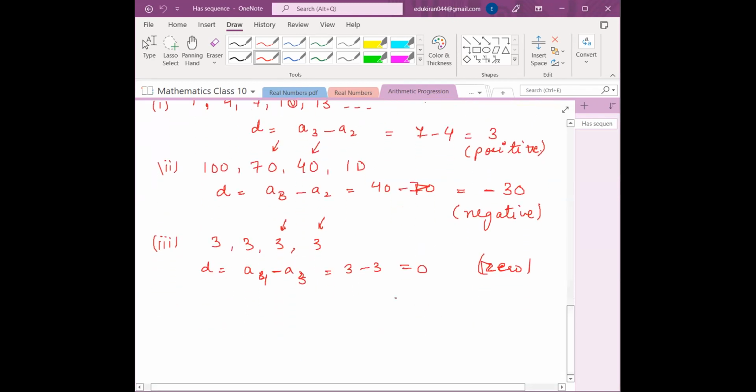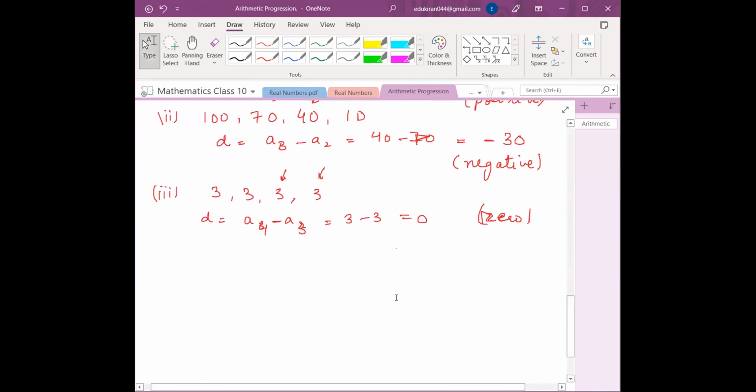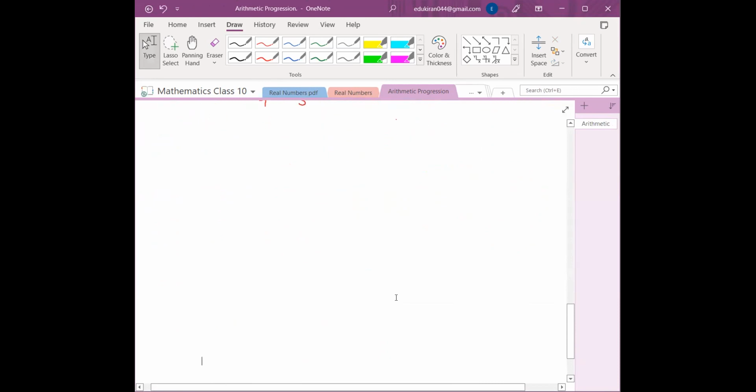Okay, now how do we write the general term of an AP? For example, again, let's say the same one I'm taking: 1, 4, 7, 10, 13. Now I ask you, how many terms am I giving you? 5. This is the first, second, third, fourth, fifth term.